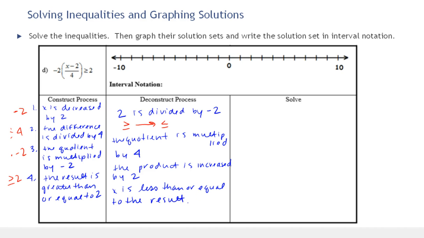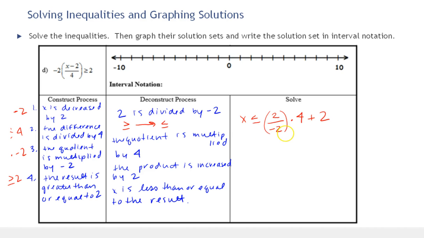Okay. Now let's write this out in the solve column. So x is less than or equal to, I'm just going to get that ready, and now I'm going to go through this process. 2 is divided by -2, the quotient is multiplied by 4, and then the product is increased by 2. Okay.